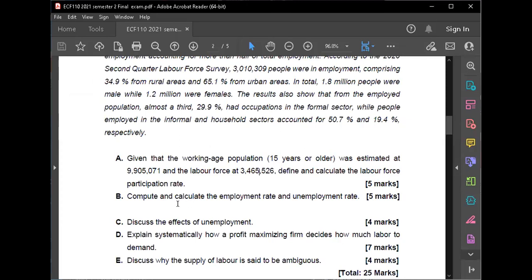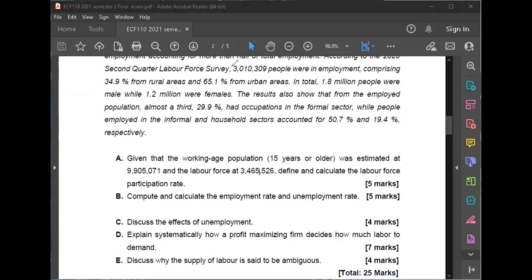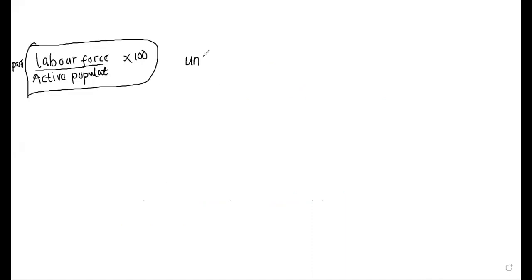It says compute and calculate the employment rate and unemployment rate. So for these, if you're calculating, for example, the unemployment rate, we say the number of people that are unemployed divided by the labor force, then times 100.